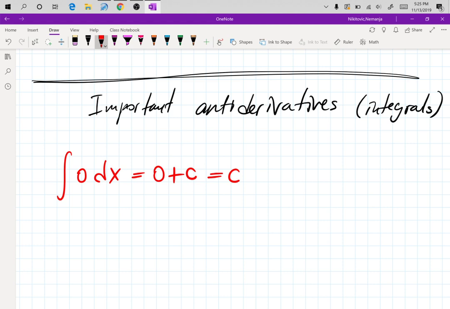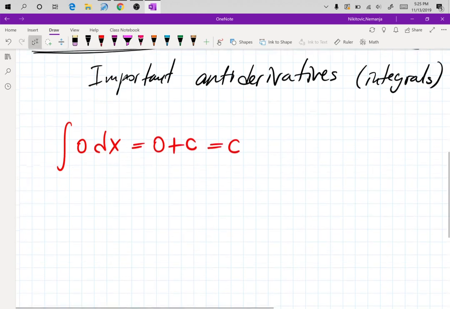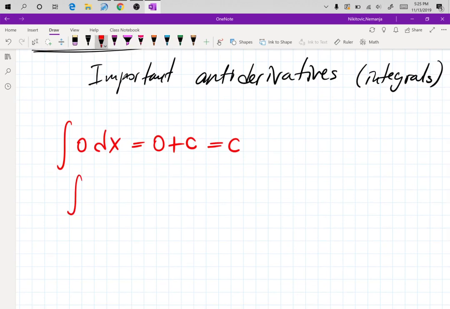The best thing over here is anytime you want to check your integral, you just differentiate, and you better get what was inside the integral, which we call the integrand. All right? The integral of a constant k dx is going to be kx plus c.